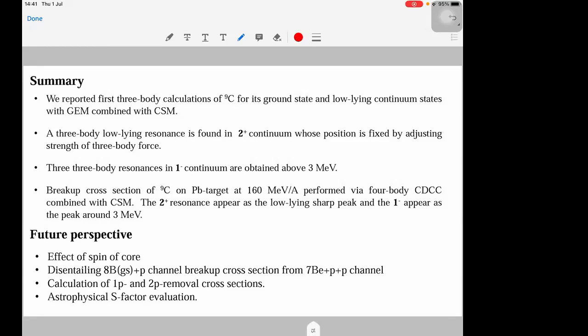Another interesting direction, in view of the recent upcoming experimental studies which I reported in my motivation, is that they are aiming to measure these removal cross-sections. It would be interesting to implement these 3-body structure calculations to further investigate the 1 proton and 2 proton removal cross-sections. And further, we can think of evaluating or determining the astrophysical S factor.